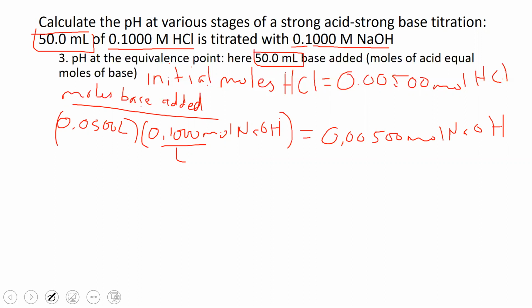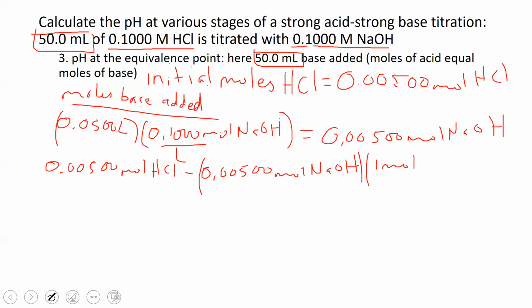You can prove that to yourself by saying we have the moles of HCl minus the moles that would react with the sodium hydroxide: 0.00500 moles of NaOH times the mole ratio, 1 mole of HCl per 1 mole of NaOH.